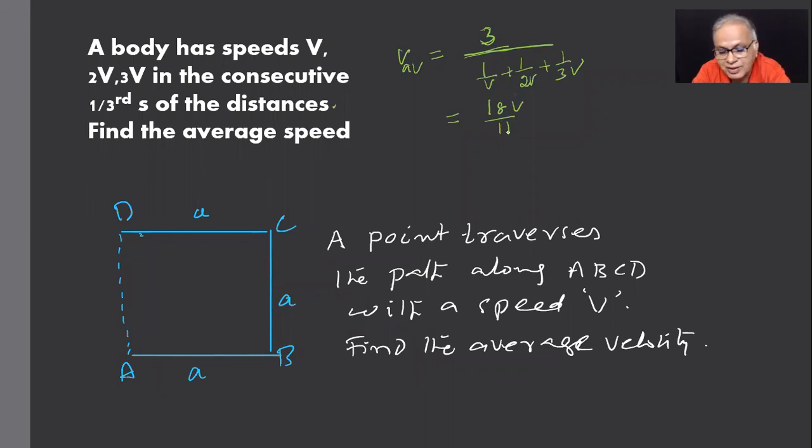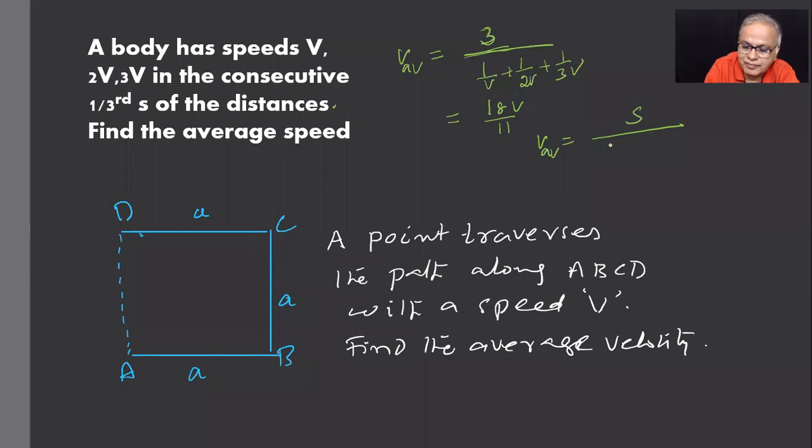We used a formula, but somebody may not be happy. How will I remember that formula? Okay, but these are very regular ones. People should remember it. That's how you can make it appear quick compared to somebody else. But how do you do it in the general way? V average equals S divided by the total time. What will I get?